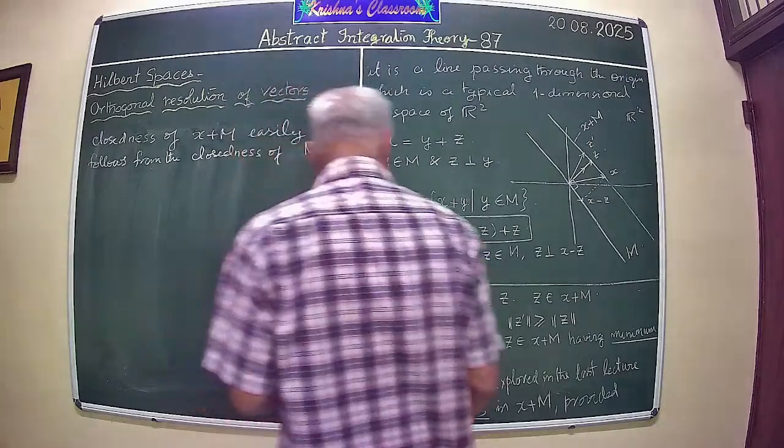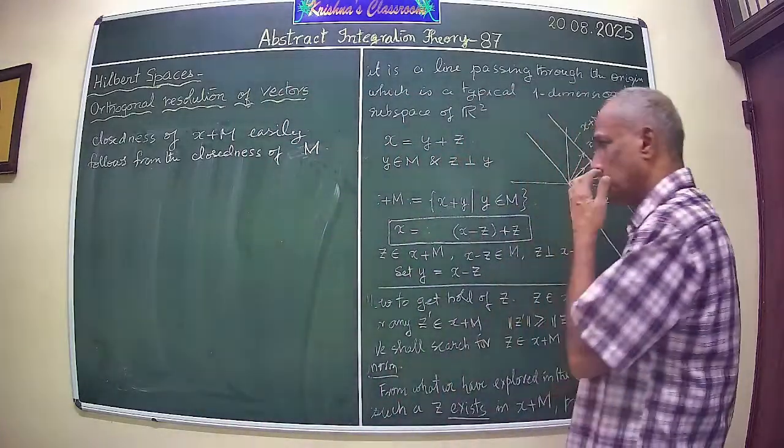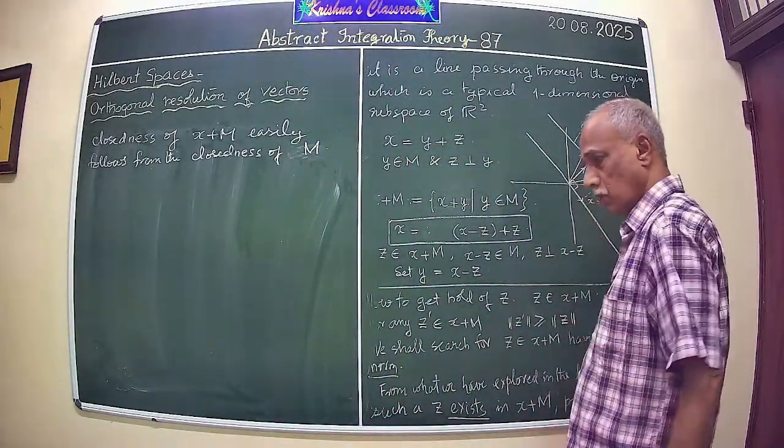So we have seen that x plus m is both closed and convex.